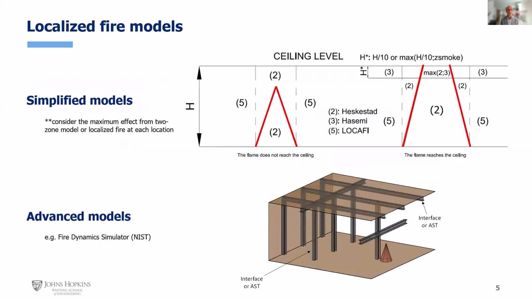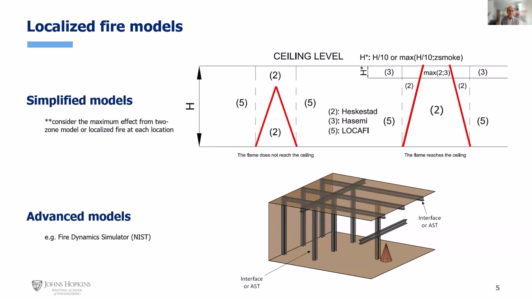So now focusing on this family of fire models, the localized fire models, there are a number of simplified models that are specified in the Eurocode. The top part of the slide shows the different localized fire models in the next generation of Eurocode and where to use which one.